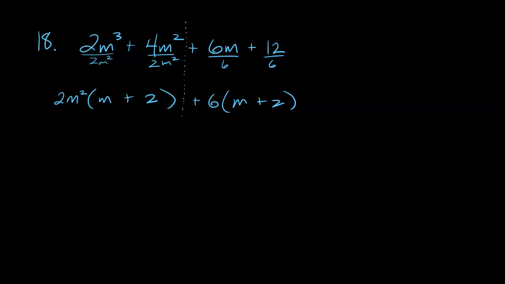And you'll know if you do these problems correct because these two parentheses have the same info. And that's kind of what greatest common factor was. Greatest common factor was what things do they both have the same being multiplied.